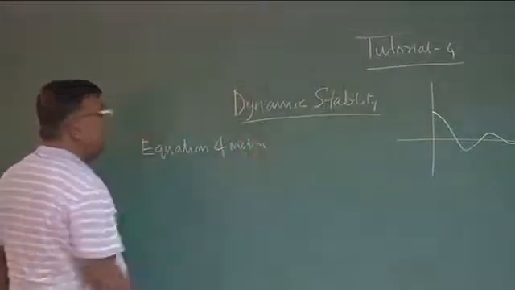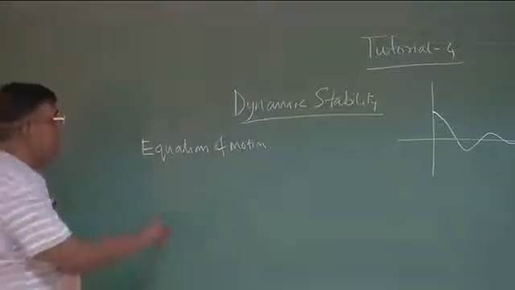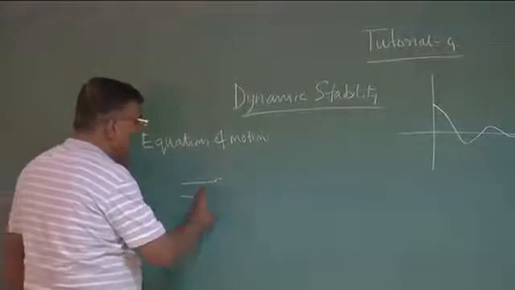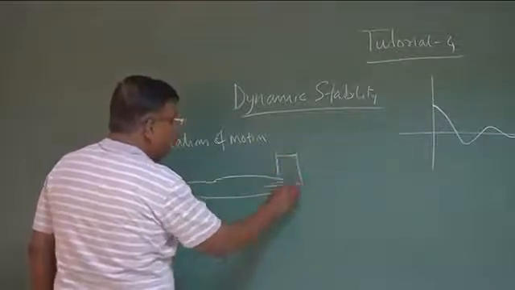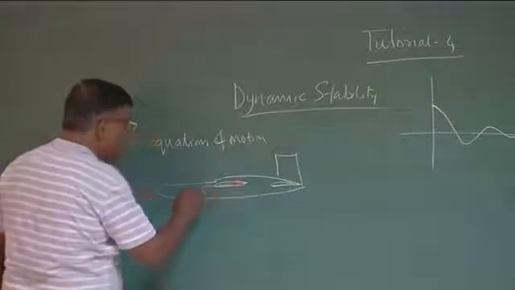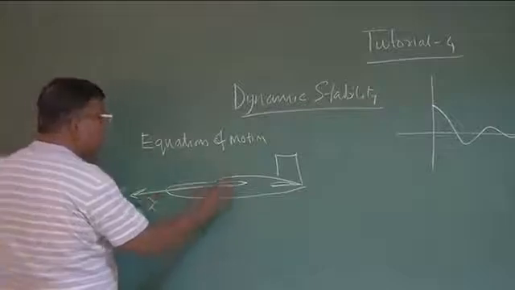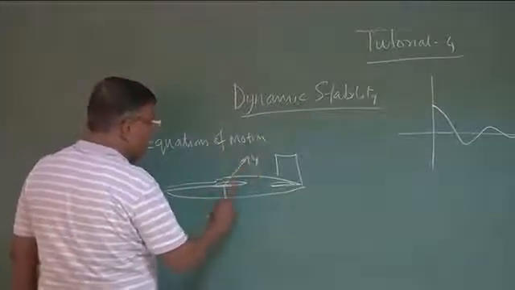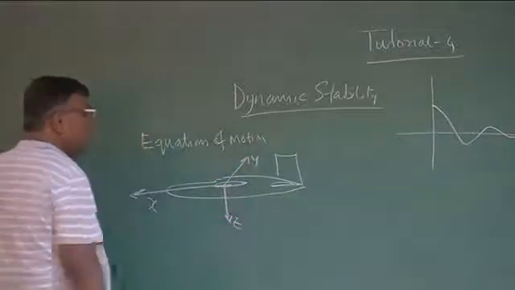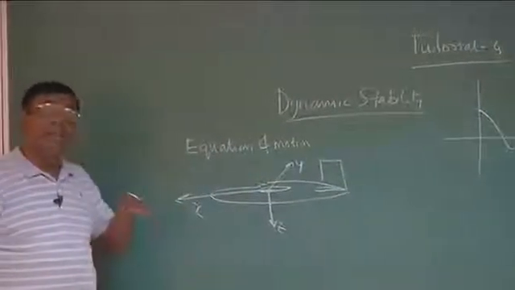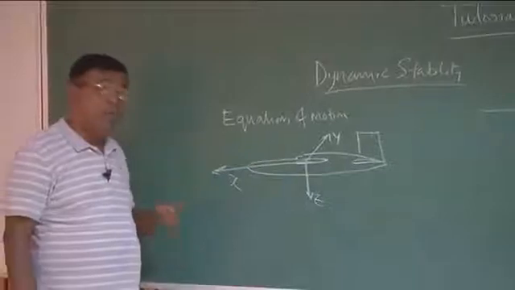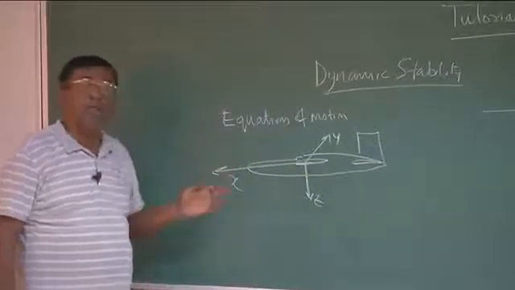And the moment we talk about equations of motion, we realize that we have to fix an axis system. And we said, okay, this is the x, this is the y, and this is the z, which is a body fixed axis system. That means as the body rotates or moves, the axis also moves along with the body.